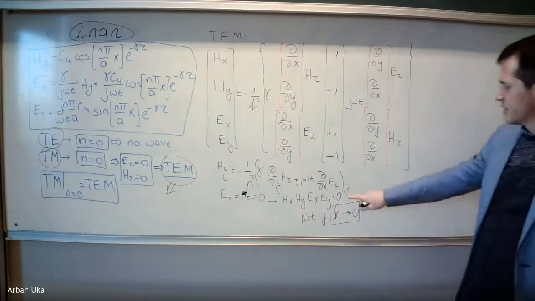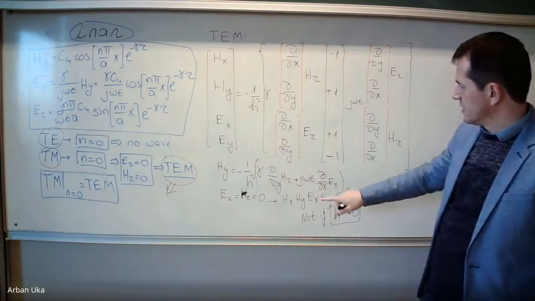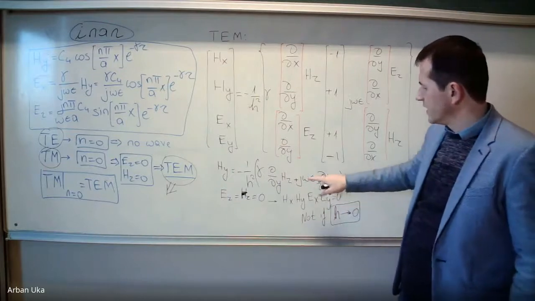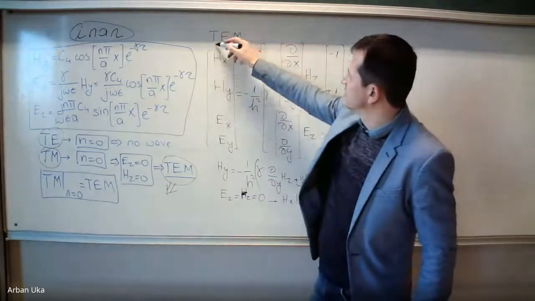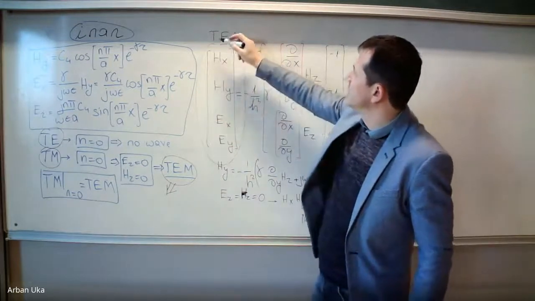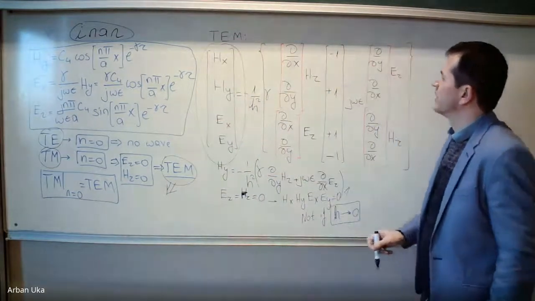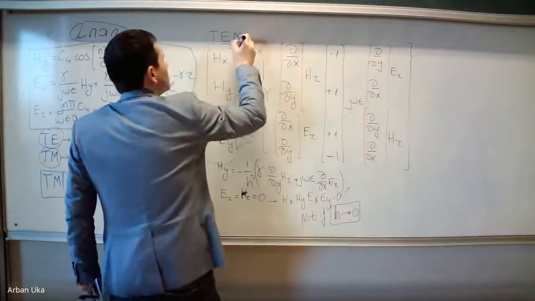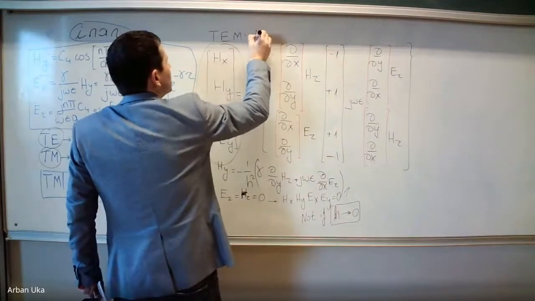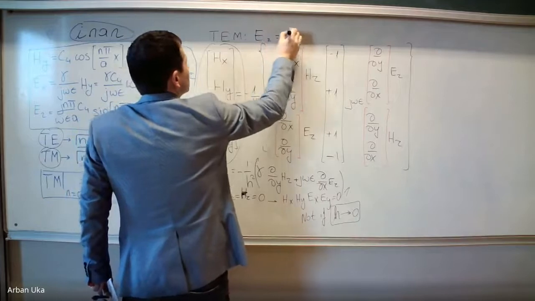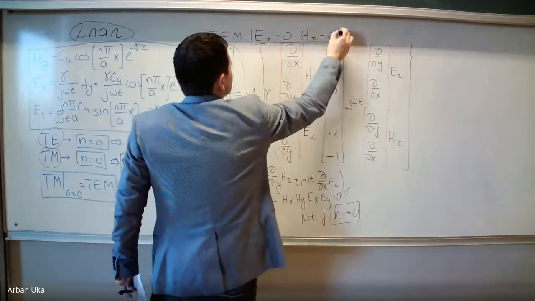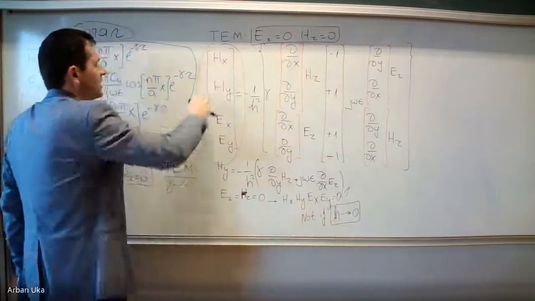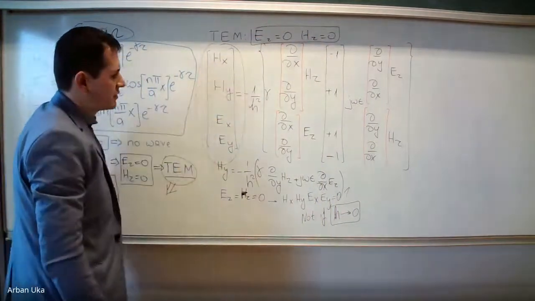Now, these components again, because we see that if this is 0 and this is 0, we are dividing by h squared, that means that these components here include the TEM. As a reminder, what is TEM? Transverse electromagnetic wave, which is this: Ez is 0 and Hz is 0, but this does not imply, as we said, that these also have to be 0.